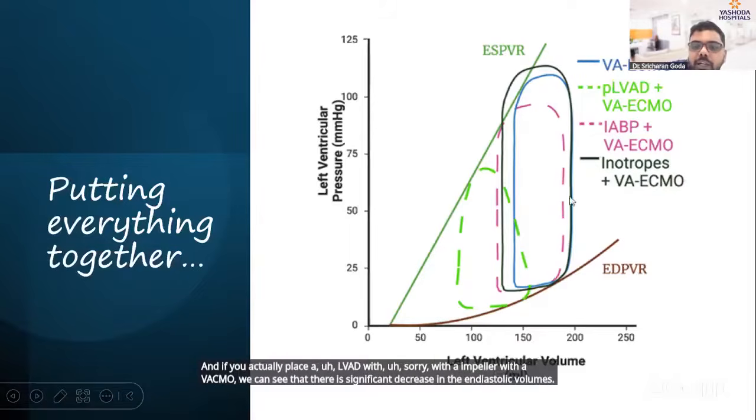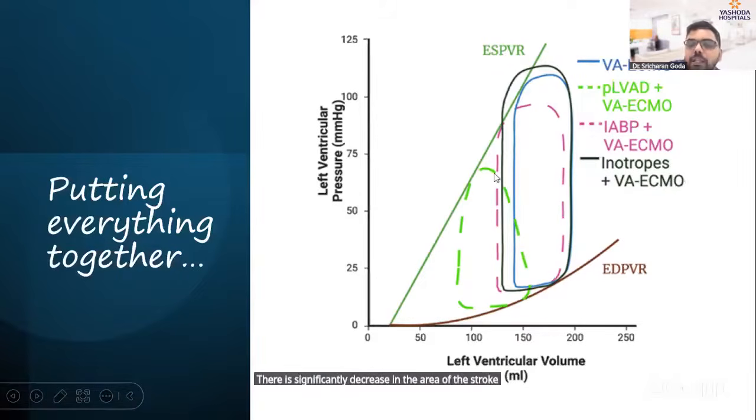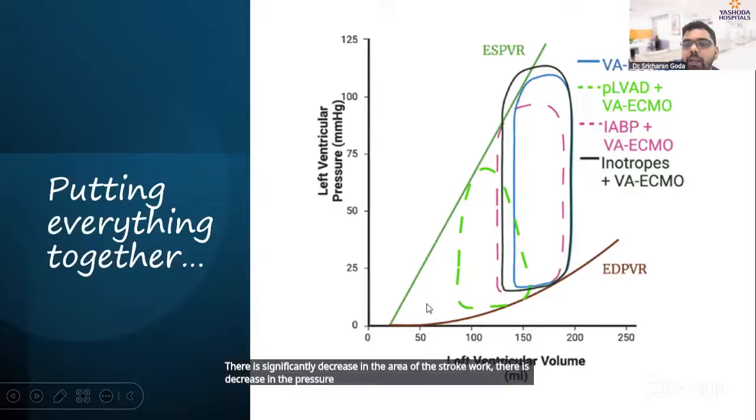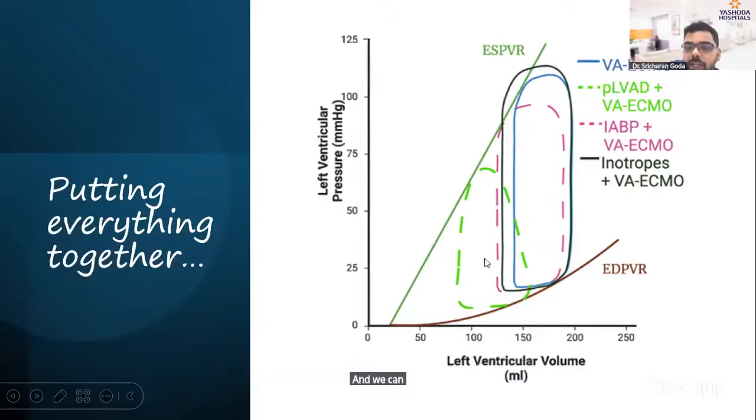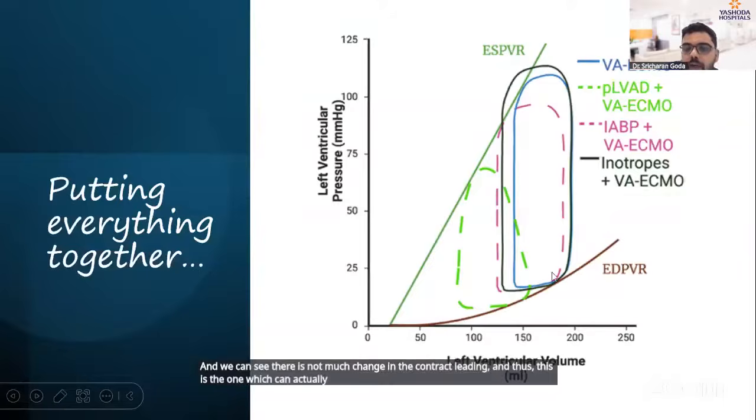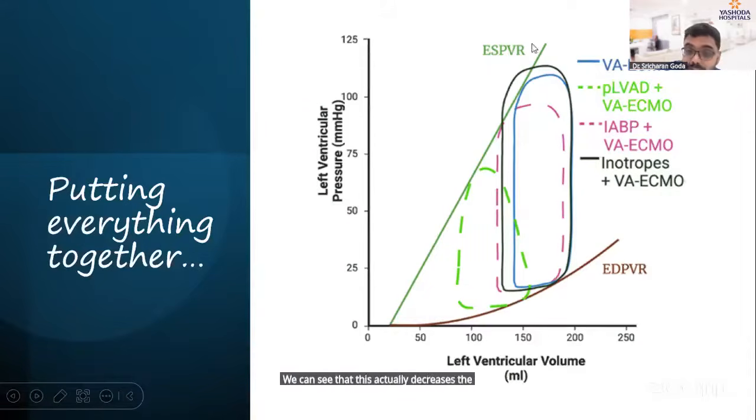There is a significant decrease in the area of the stroke work. There is a decrease in the pressure volume area. And we can see there is not much change in the contractility. And thus, in AMI-CS, or especially patients who have acute coronary syndrome and who are requiring ECMO support, this actually decreases the myocardial oxygen demand significantly.